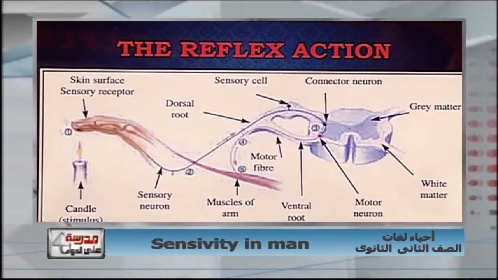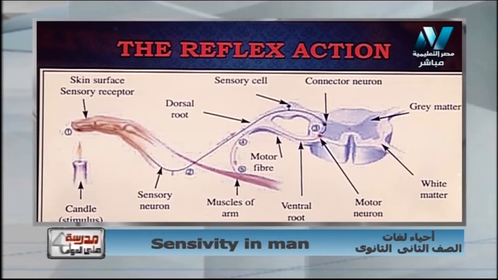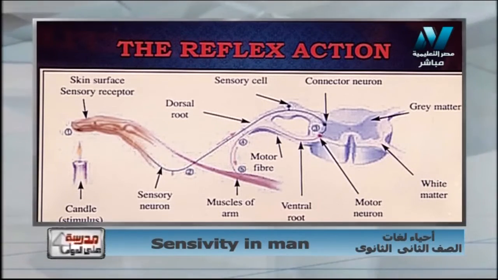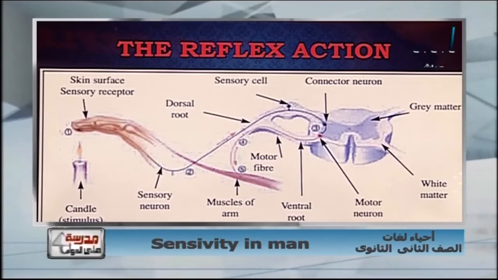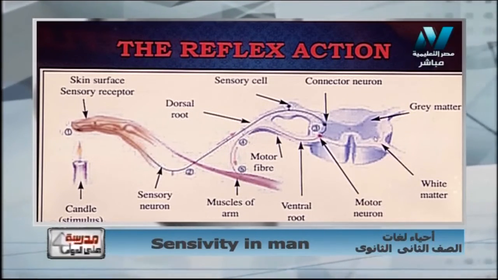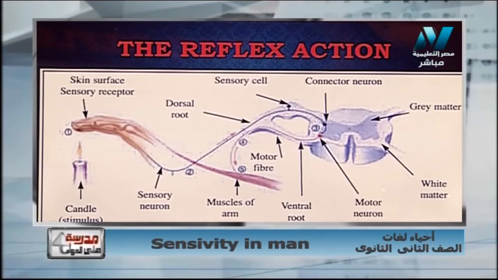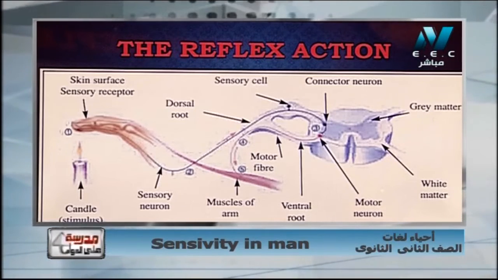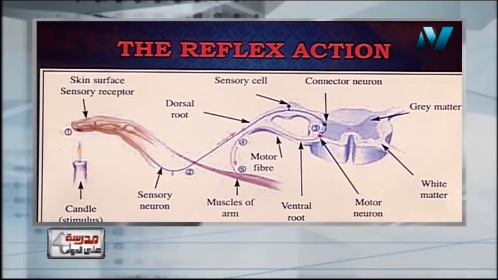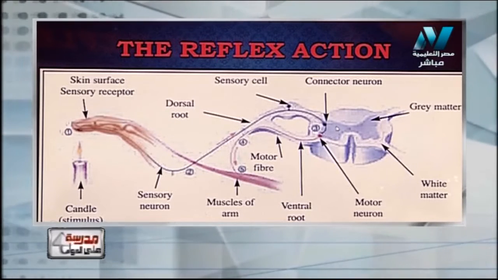Now, the most important function of the spinal cord is the reflex action. This is a section of the spinal cord, and as you see, the white matter is outside and the gray matter inside, H-shaped, and the gray matter contains the connector neuron.